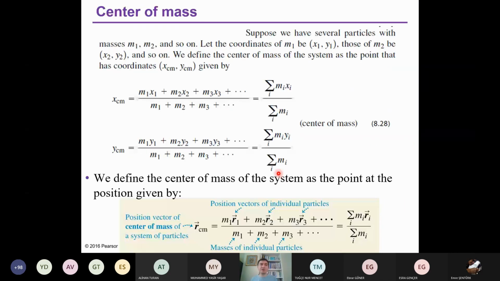Okay, let me continue with the center of mass for very complicated systems and also for extended systems. If you have several particles with different masses and different velocities, then center of mass information is very useful. So let's consider we have a mass m1 and a mass m2, like this one here.